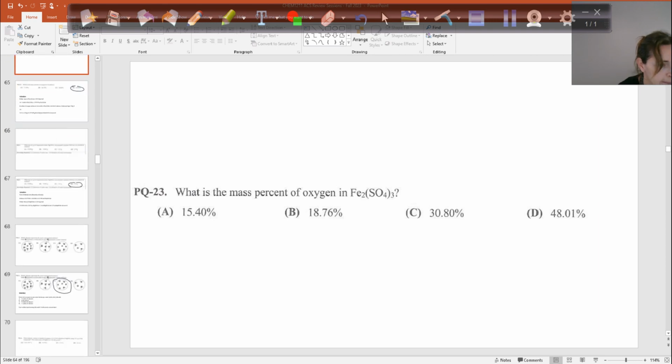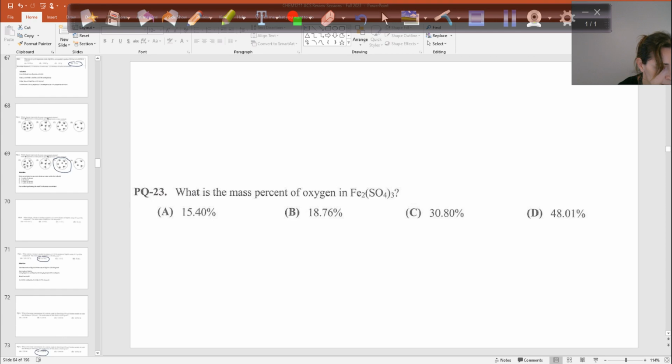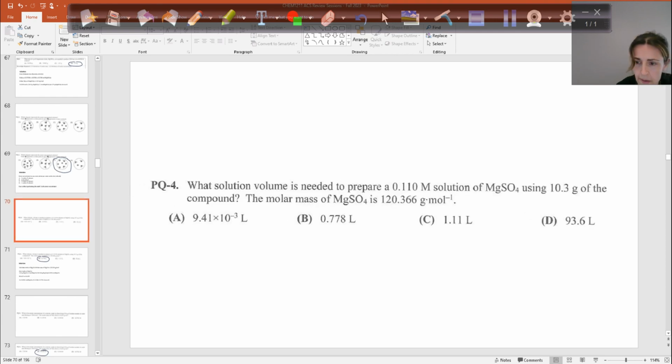Okay, so let's look at this one. We start with solutions and then we'll start talking about it. So what solution volume is needed to prepare a 1.1 molar solution of magnesium sulfate using 10.3 grams of the compound?